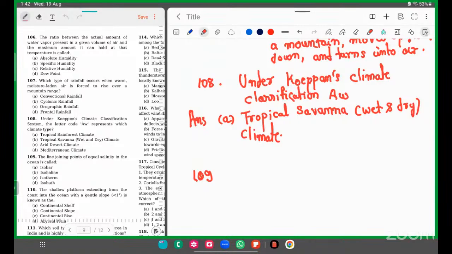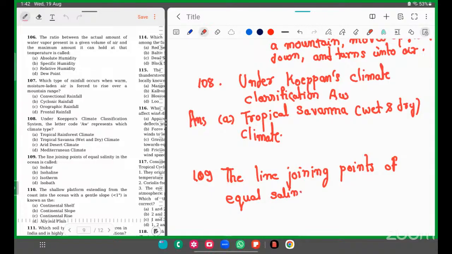Okay, let us read it again. The line joining points of equal salinity in the ocean is known as.